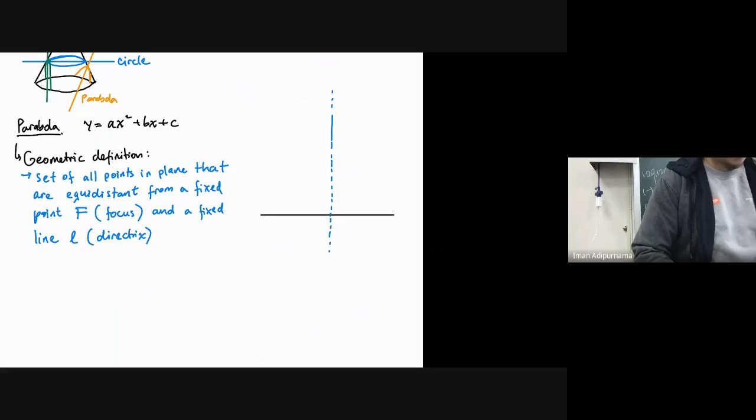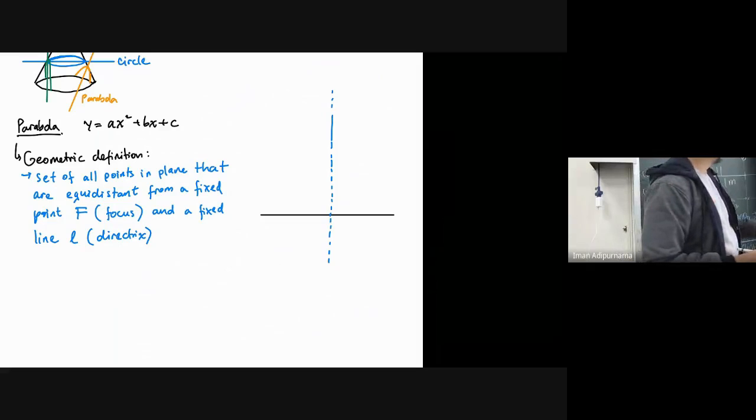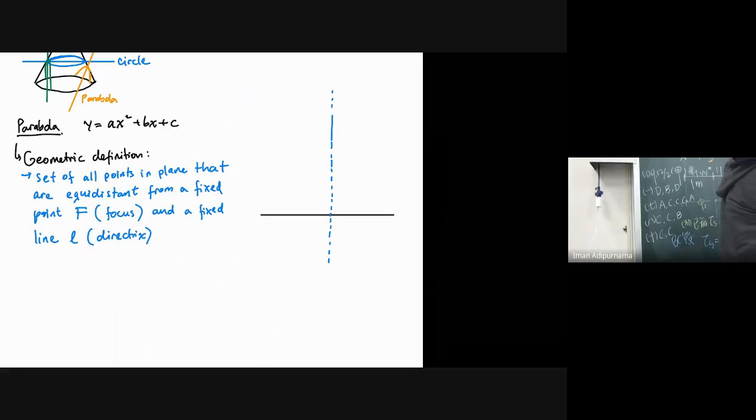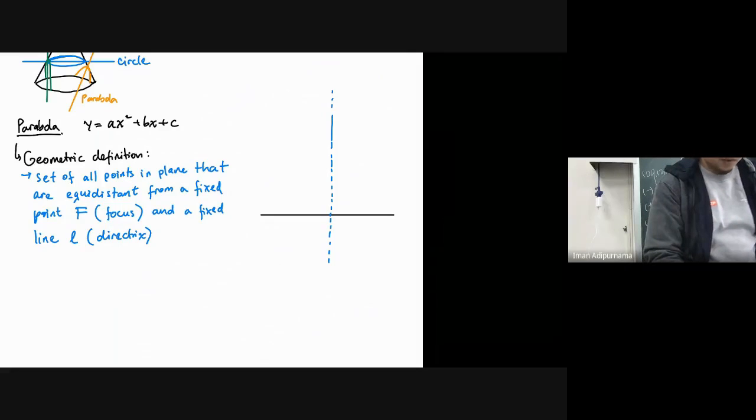Notice that I'm not drawing the XY axis because I want to make sure that this is geometrical, not defined by the XY axis. So this is L. Let me use the red color.